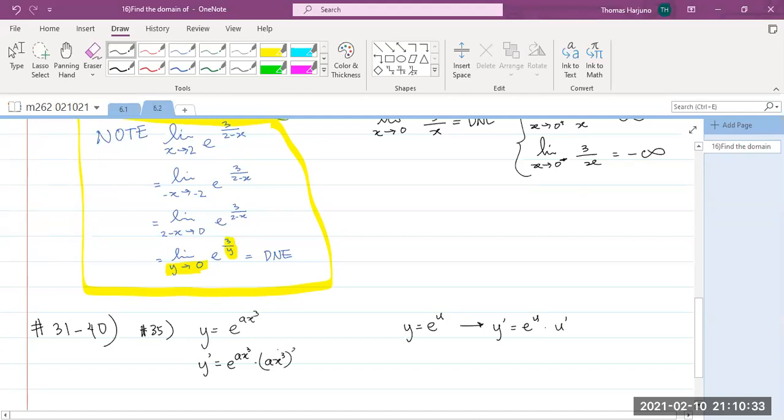Are you with me? Now from here I go on further. E to blah, the derivative of blah is 3ax squared. Oh, we are basically done. So this is 3ax squared e to the ax cubed. It's kind of ugly, but it's okay. It's the right one.